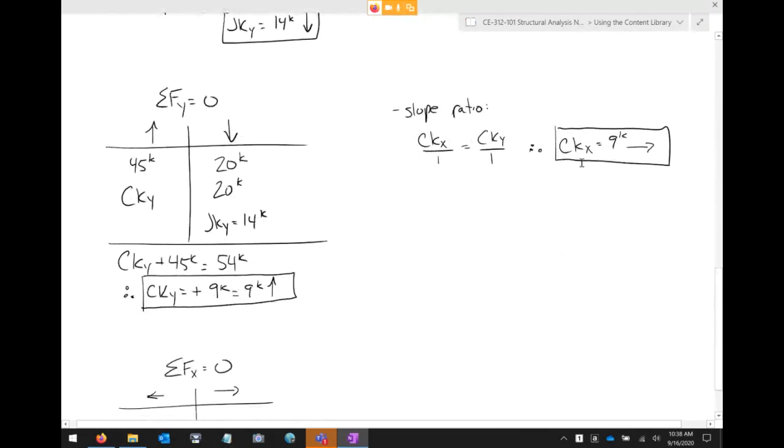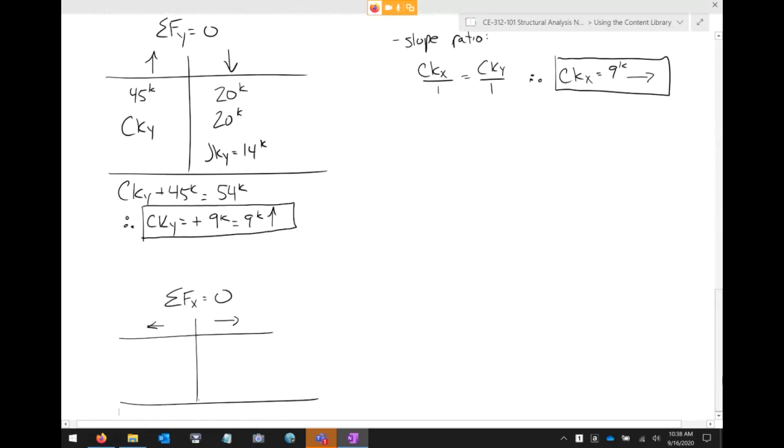We got CKX was 9 kips to the right, and we don't know what CD is, but we have CD drawn to the right. So maybe we should write it like this. JKX is 84 kips. CKX is 9 kips, and this is CD.